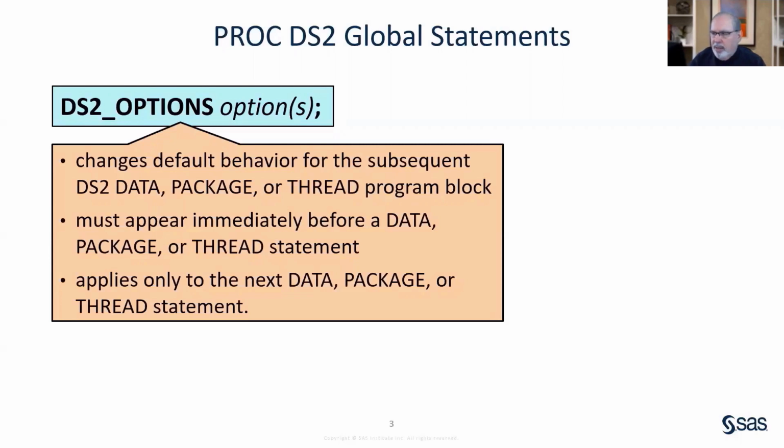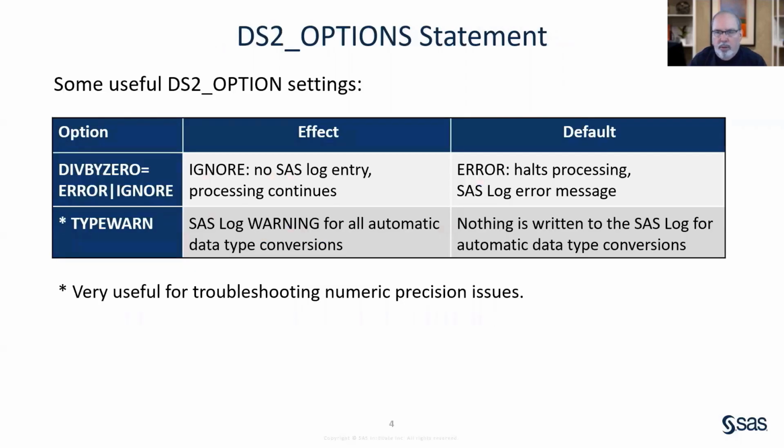So we're going to look at DS2 options, which allow us to change some things that make it helpful when we're processing in DS2 for overcoming things like division by zero and for troubleshooting. So the first one is the div by zero equals. Now, the default behavior for div by zero is an error.